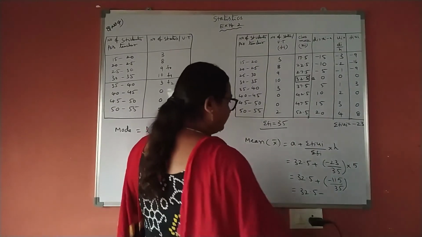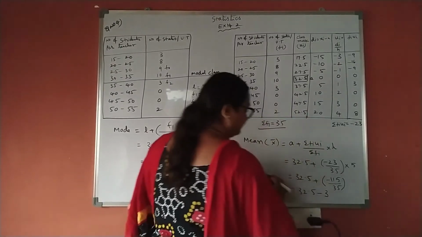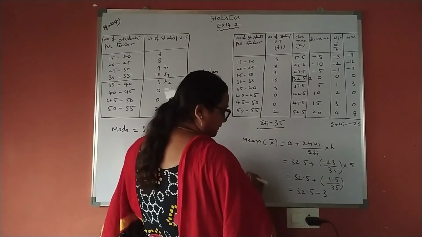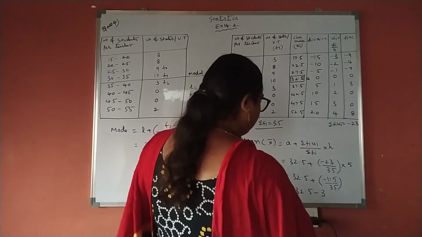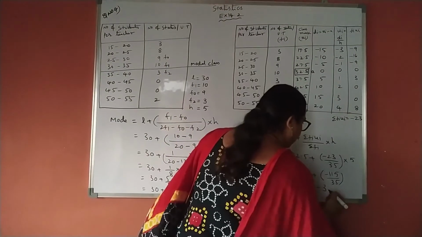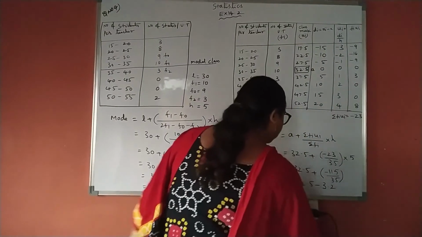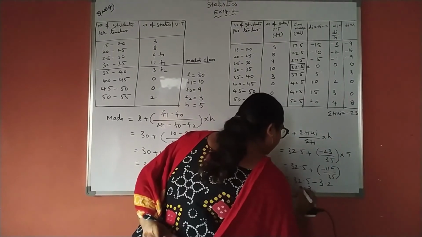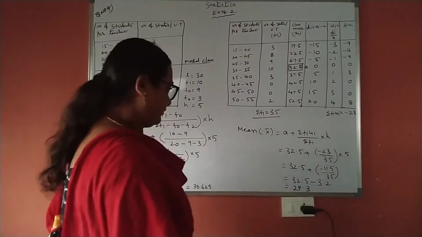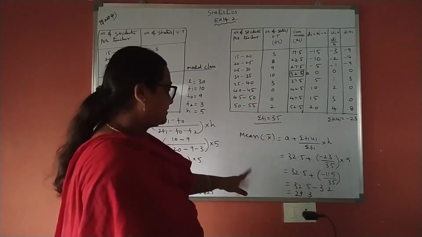So 115, 35. So 35 3 times, 35 3s are 105. So 100 means 0.2. That is equal to 29.3 is the mean of this data.